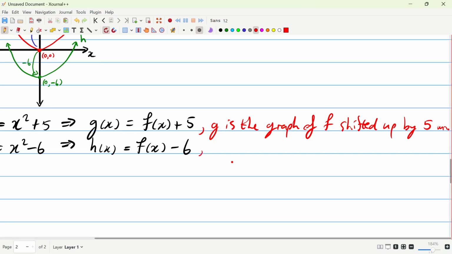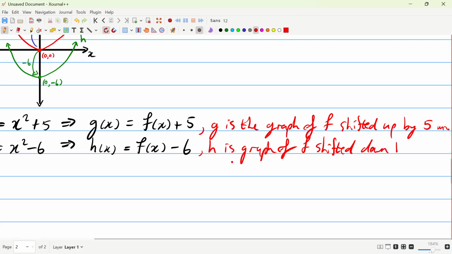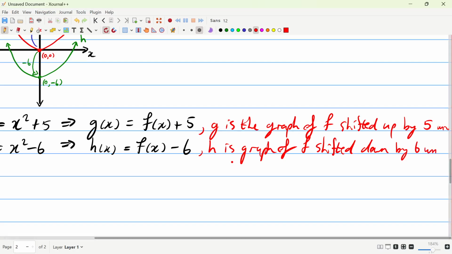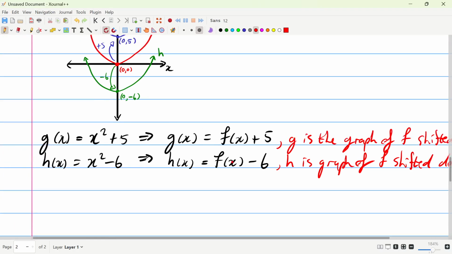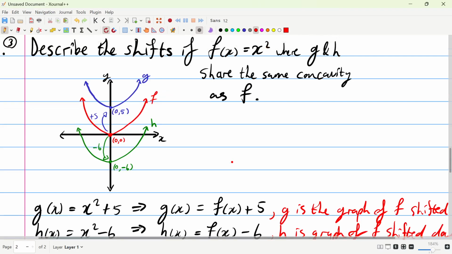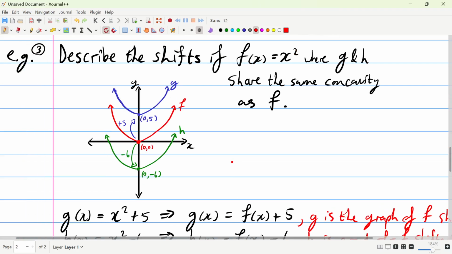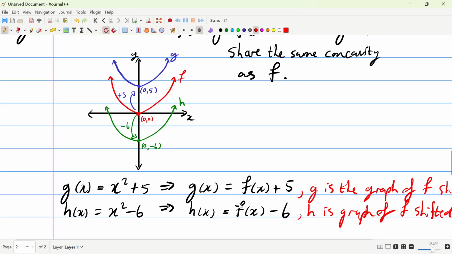And then over here, we're going to say h is the graph of f, which is shifted down by 6 units. Okay, cool. And there we go. That's what we mean by describing. We need to specify what we are seeing, and we need to tell the examiner, look here, I understand what's going on, so here's the relationship between them, and this is exactly what's going on in real words. So you need to show the mathematics, and you have to show the words behind it.